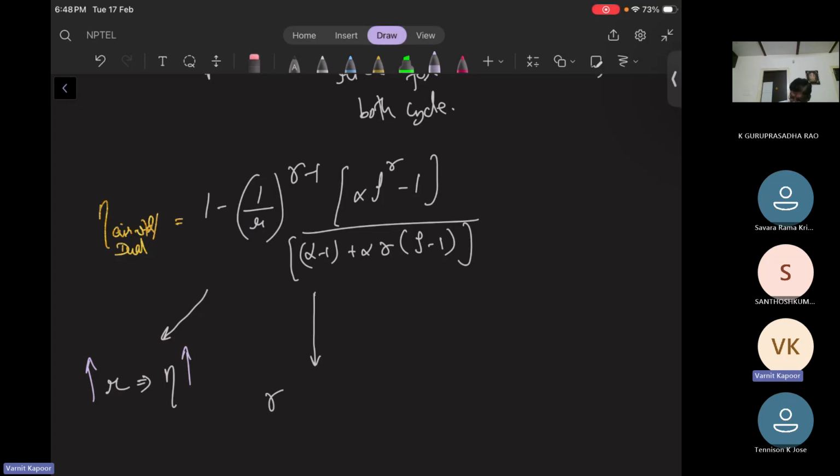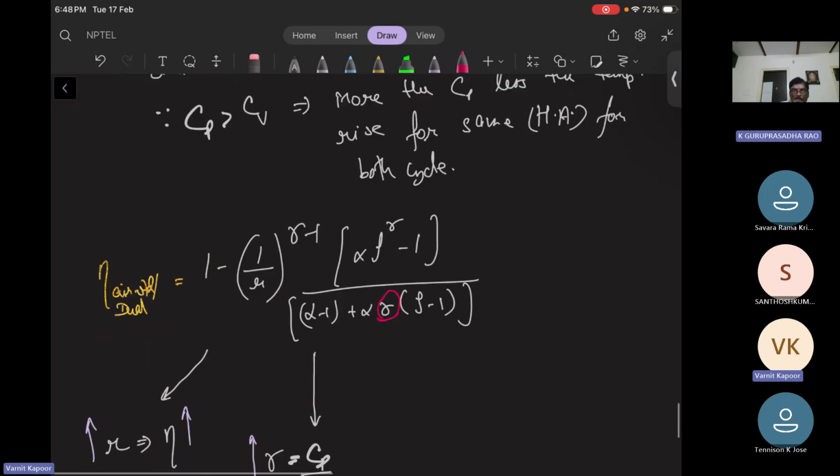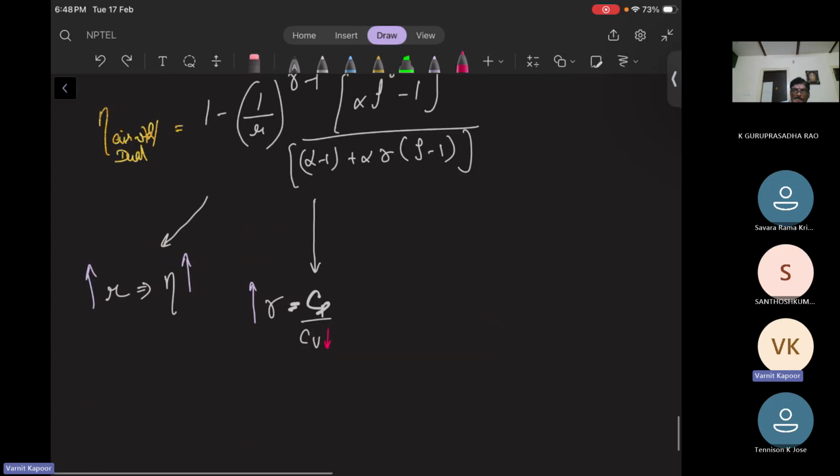How can this be increased? If you decrease Cv, your gamma will increase. And gamma is in the denominator here, explicitly. So if you increase gamma, this whole term is going to decrease and efficiency again increases.